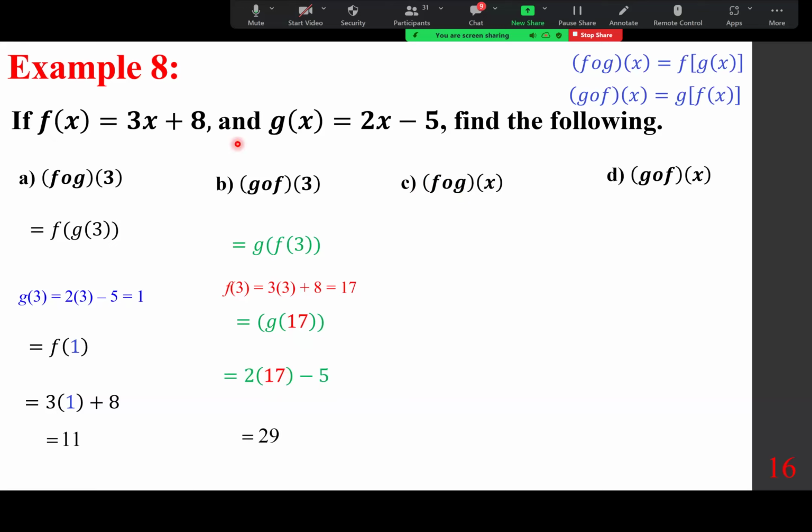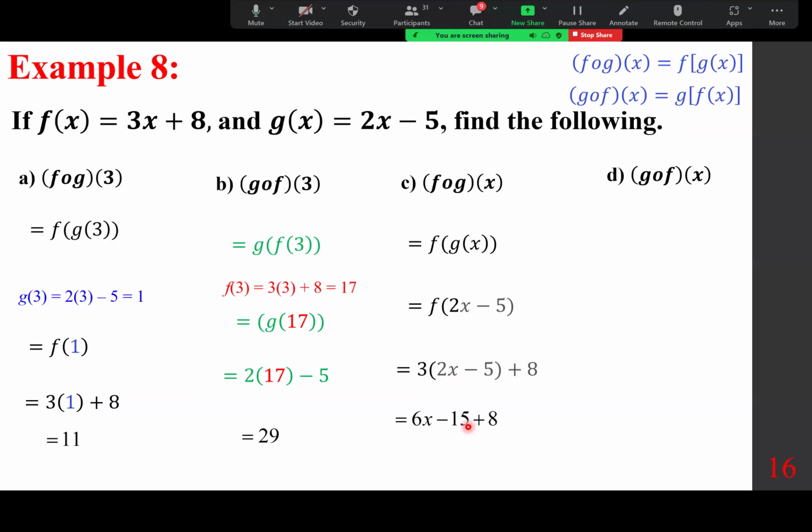f of g of x. So into this function, replace the x with the g function, 2x minus 5. That's the meaning. That means 3 times 2x minus 5 plus 8. 6x minus 15.